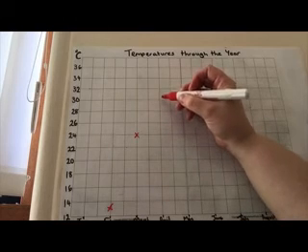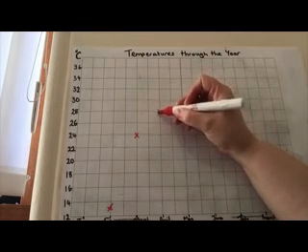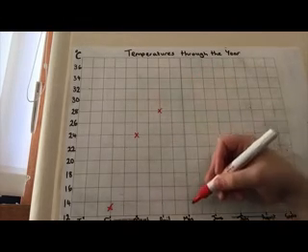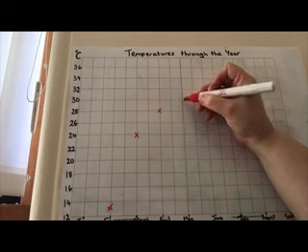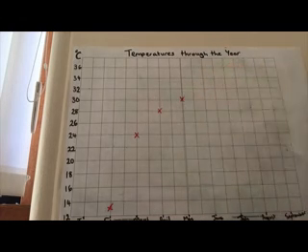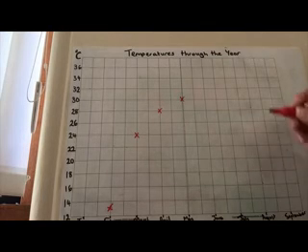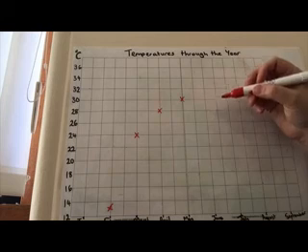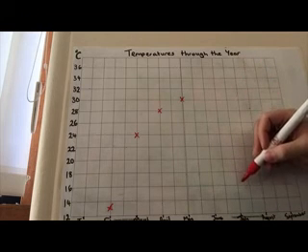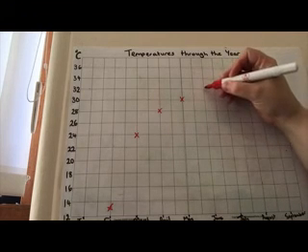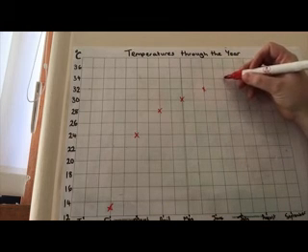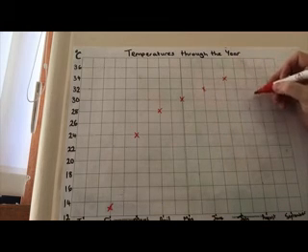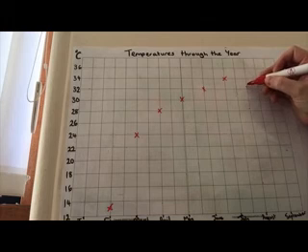April was warmer again, though we had some wet days, so the average was 28. May, well, we've had some lovely weather. Now, obviously, this is not the exact temperatures, but it's just to give you an idea. In June, it's probably going to be warmer still. Same for July.